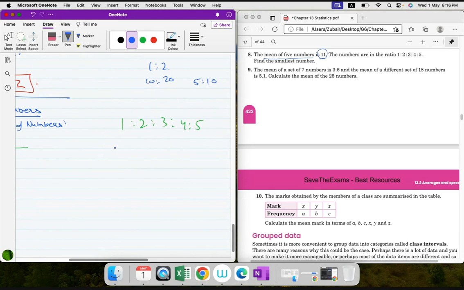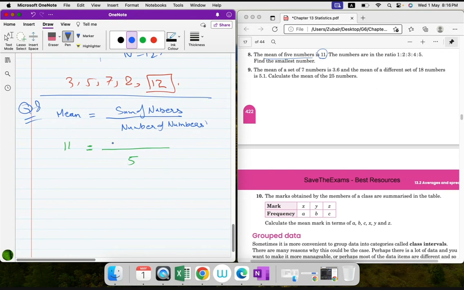So how many times? Let me consider x. I'm multiplying x with it: x, 2x, 3x, 4x, and 5x, because the real number is unknown.